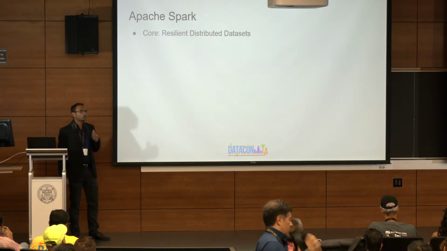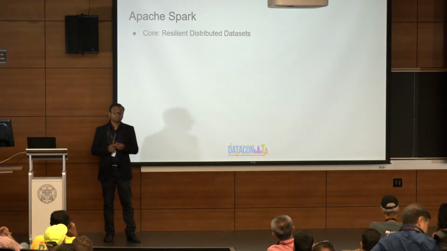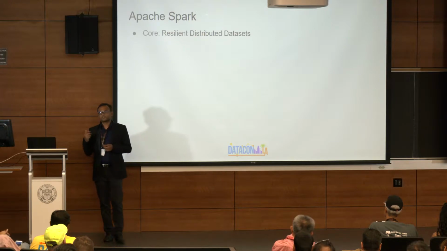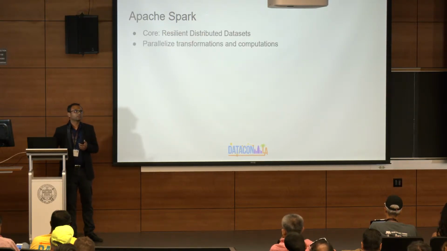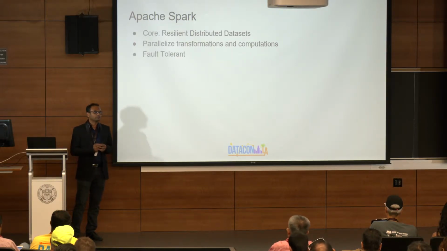The core of Spark, the fundamental data structure of Spark, is the RDD, resilient distributed datasets. Because of that, Spark offers parallel and distributed computations and transformations. One of the other features of Spark is fault tolerance. All Spark jobs are fault tolerant.